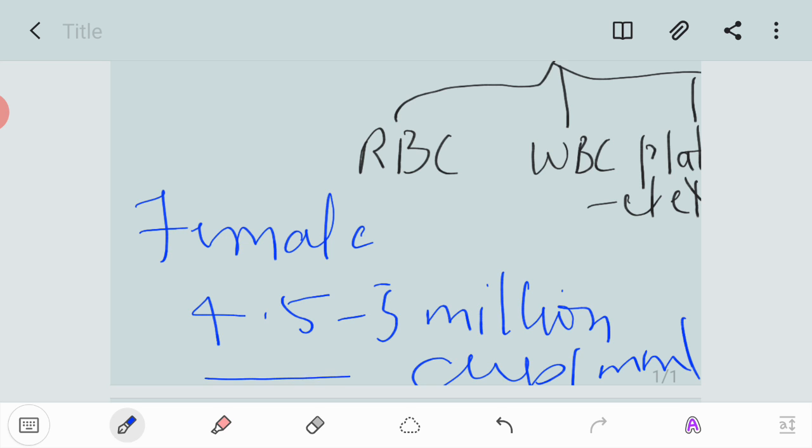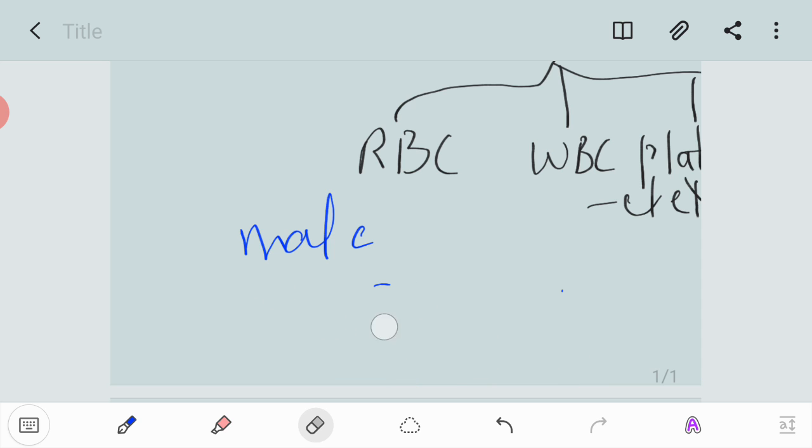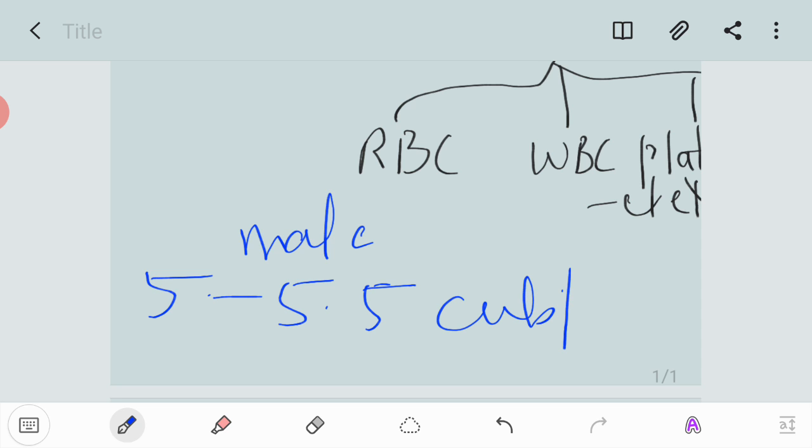This is in females I'm talking about. But when it comes to males, it's totally changed. It's 5 to 5.5 million per cubic millimeter in males. Okay, so this was all about RBC count.